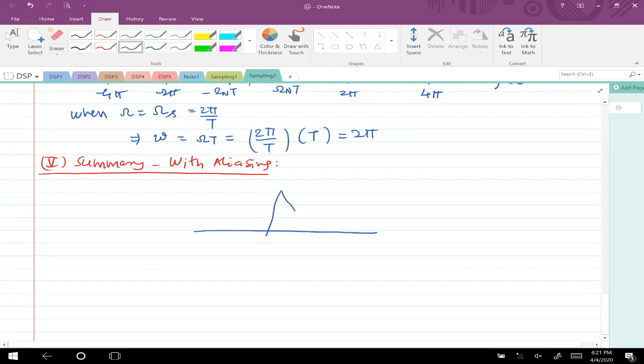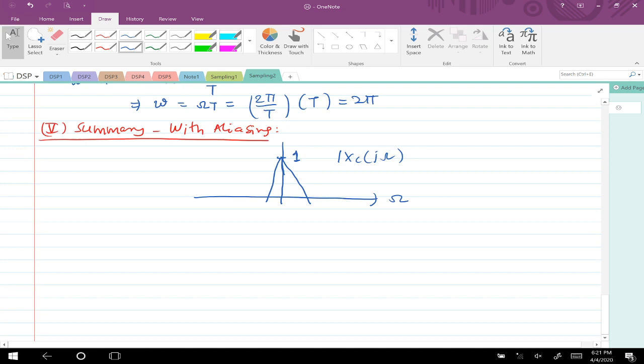You have, this is omega, magnitude of Xc of j omega. This is your y-axis. Assume that this value is 1. Your T is very large, or omega s is less, in other words. In that case, what would happen when you come to Xs of j omega? This omega s is much closer here, so that would give you an overlap.